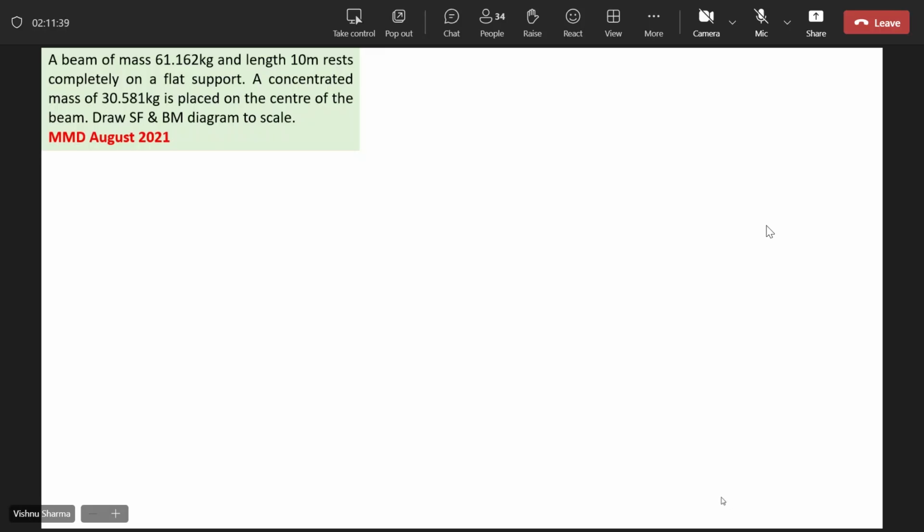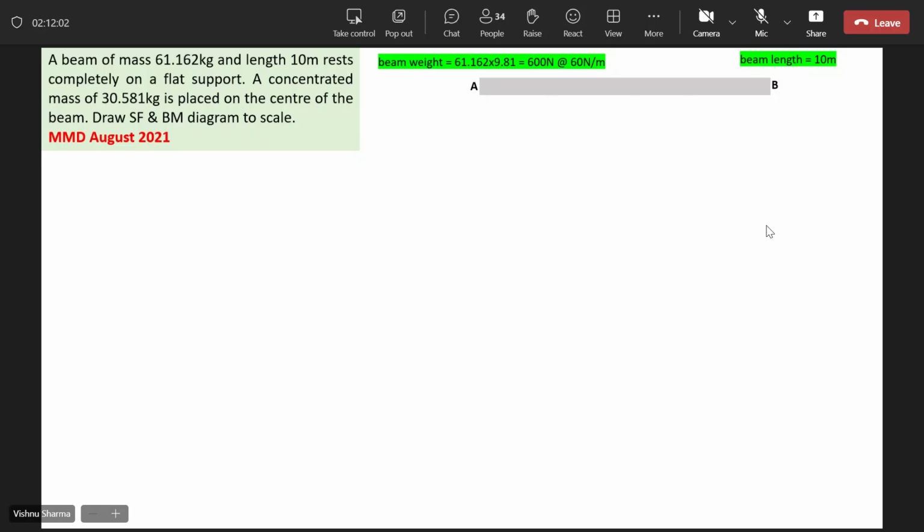Done? Okay. Guys, is this the diagram you have made? This is the beam of uniform cross section, 10 meters in length, AB. It weighs 600 newtons at the rate of 60 newtons per meter. Am I right? Yes, sir. Correct.